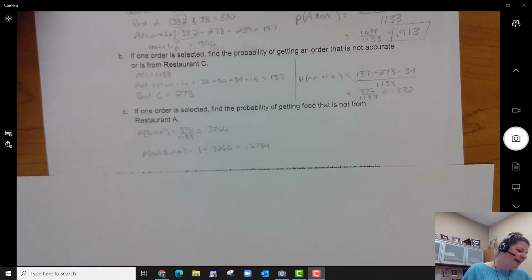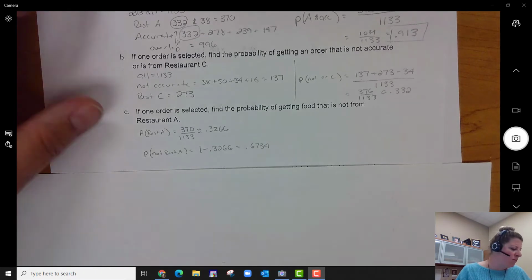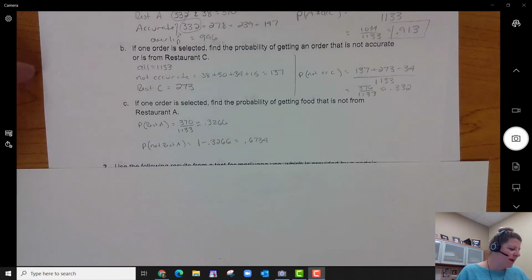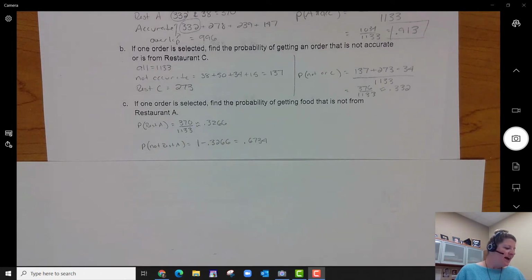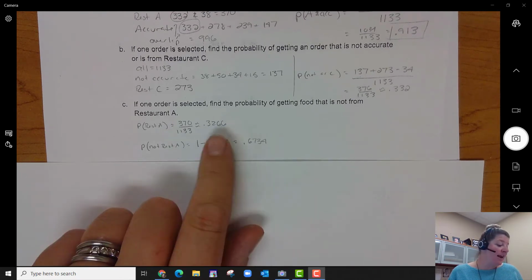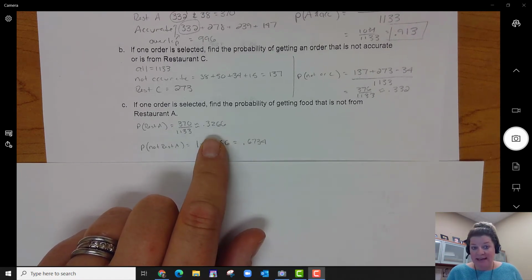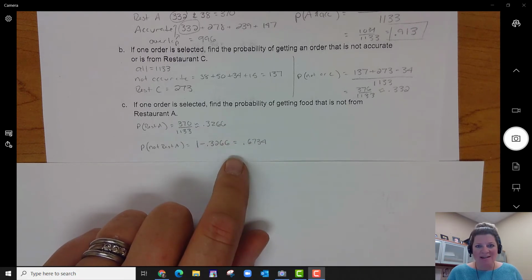And then I want to bring back in this not, and I do have a little bit of notes on this again, just to remind you. If this one says, if one order is selected, find the probability of getting food that is not from restaurant A. I just don't want to go to restaurant A. So what is the probability of not from restaurant A? Well, I can use the idea of, well, restaurant A is this probability, and then minus it from 1.